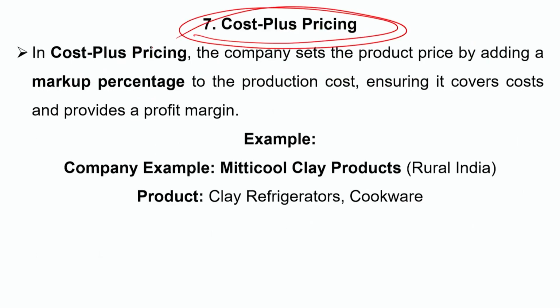Seventh is cost plus pricing. Cost plus pricing, what does the company do? It just sets the price by adding a markup.